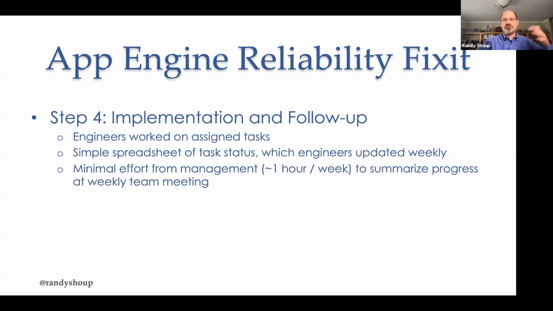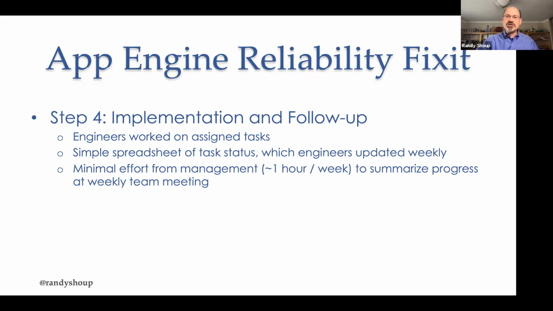And then we started working on it, and probably for the next 6 months, maybe 50% of the team was working on the various aspects of this reliability fix-it. And so engineers worked away on the individual suggestions that we had, and obviously they learned things and improved things along the way as they were doing it.